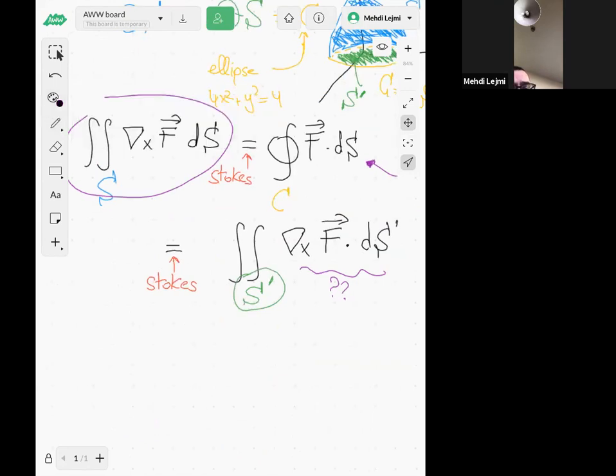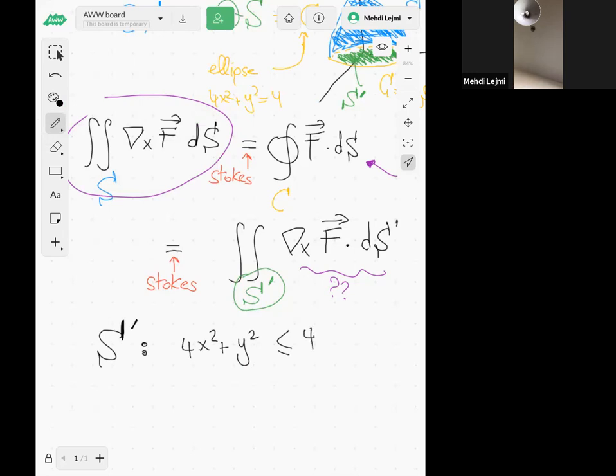So what's S prime? As I said, it's 4x squared plus y squared less than or equal to 4.